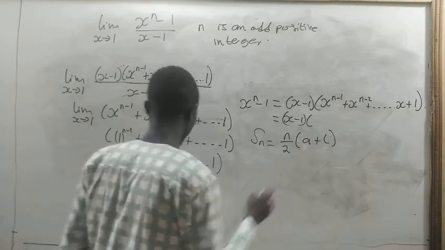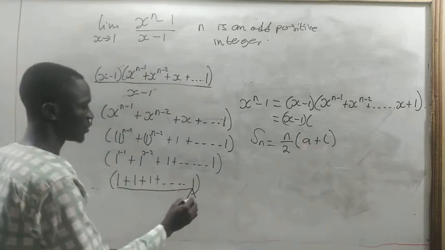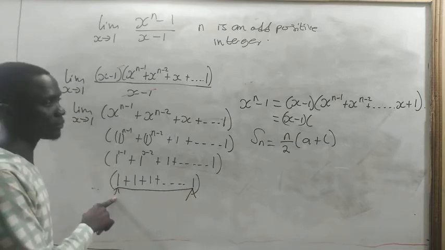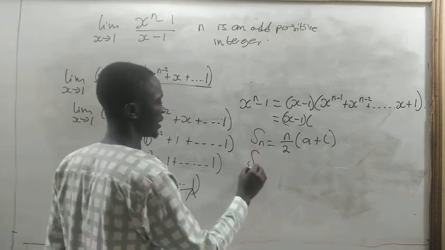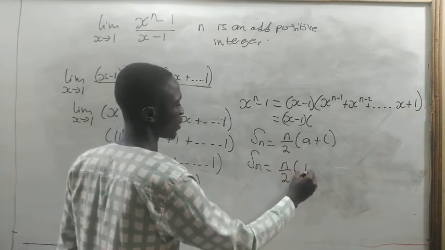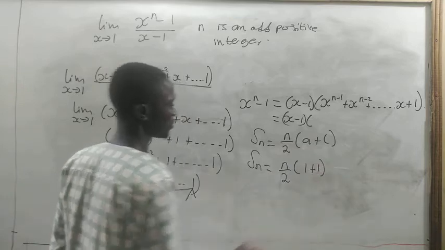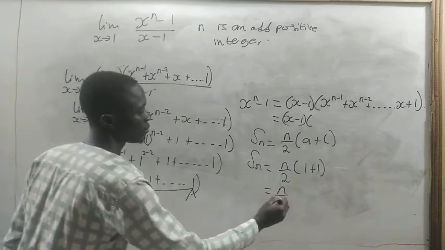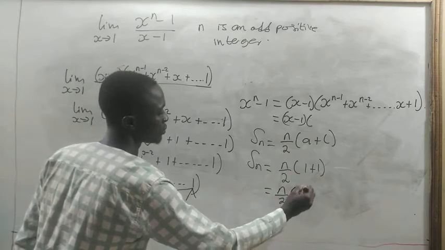Here the last term is 1 and the first term is also 1. So Sn is n divided by 2 times (1 plus 1). Very simple as that.